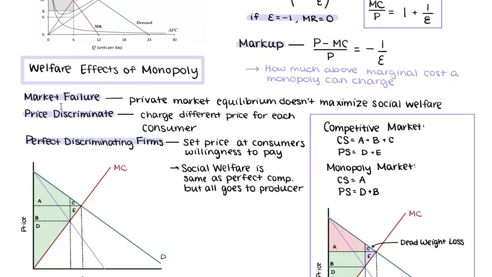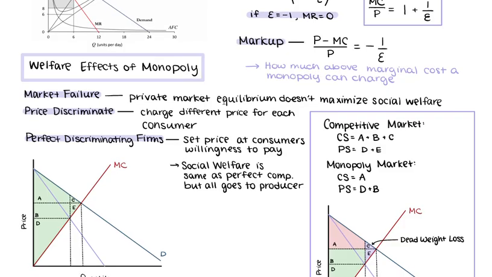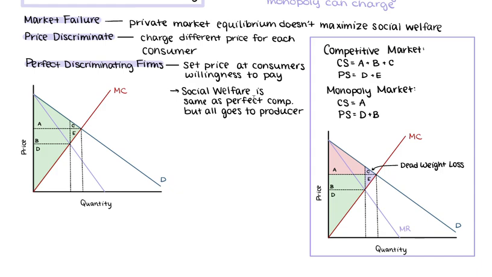So the social welfare totally equals the producer surplus, because every single consumer pays what they are willing to pay. So all the consumer surplus equals zero. Social welfare is the same as in perfect competition, but it all goes to the producer.